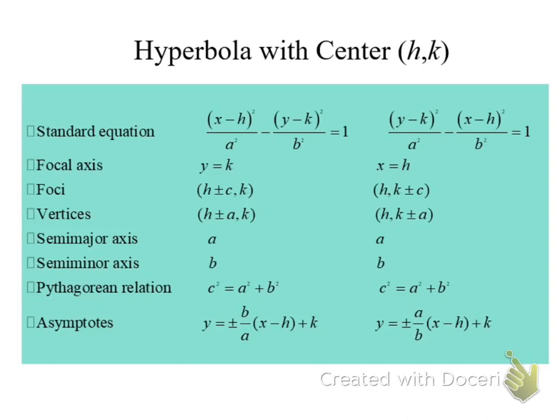Really everything is the exact same thing, except everywhere there was a 0 earlier, you have H and K. H and K, H and K, when X comes first. Otherwise everything is the exact same. Along with that, my slopes down here change. They did on the last one as well, I didn't point it out. So just be careful with that.